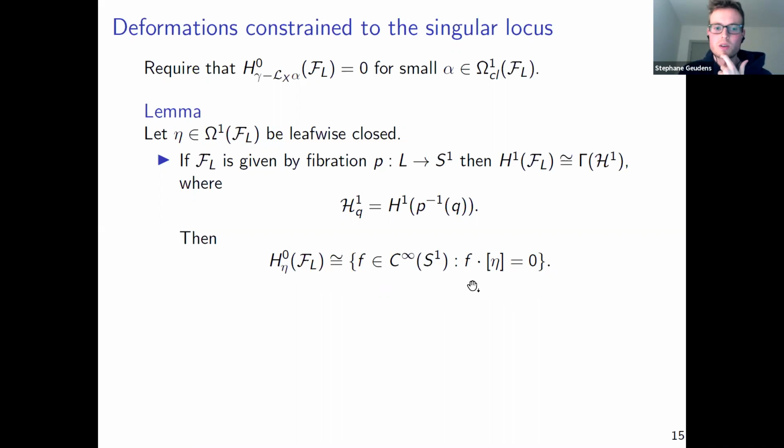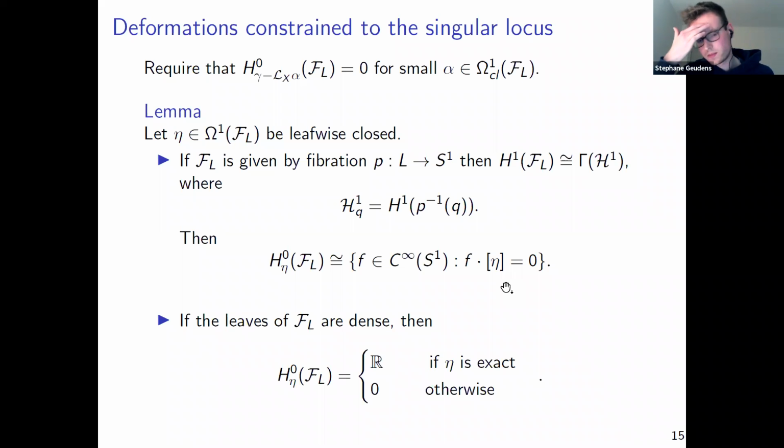So this is the annihilator ideal of the section defined by the class of eta. And in the second case, if you have dense leaves, then it's much simpler. This H0 is either one-dimensional if eta is exact, or 0 if it's not exact.